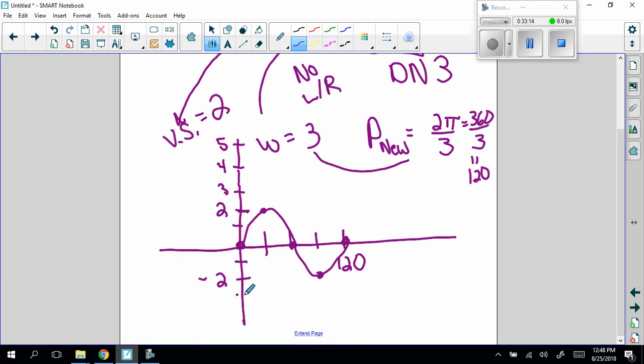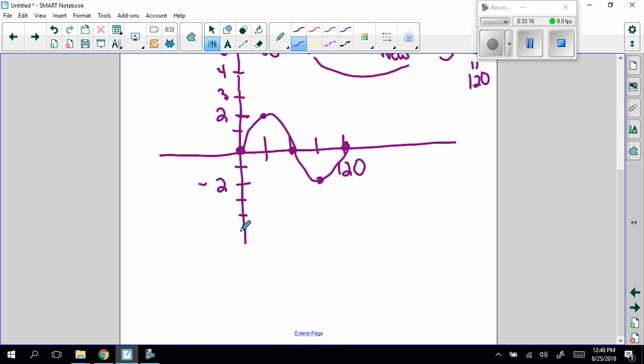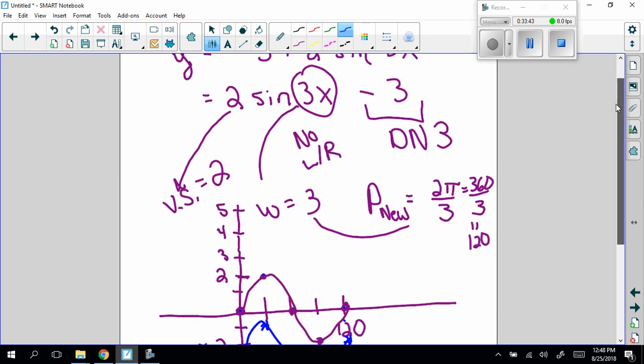Well, sure I do, because my scale worked out. So I'll take this one and go down 3, that one down 3, this one down 3, this one down 3, and this one down 3, and I'll graph my function on 0 to 120. Obviously, there's 3 cycles in 360 because the 3 is saying there's 3 cycles in 360.